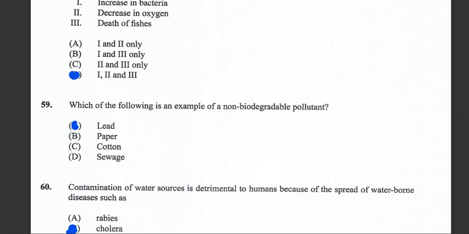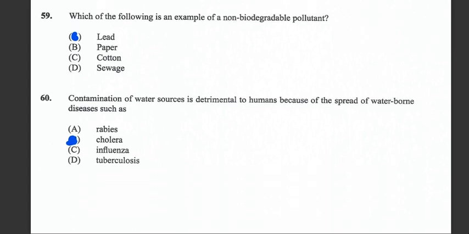Alright, good. We're almost through. We're at number 60 so far. Here we are talking about contamination of water sources, and it is detrimental. It's very serious. It is detrimental to humans, because they are talking about the spread of waterborne diseases.